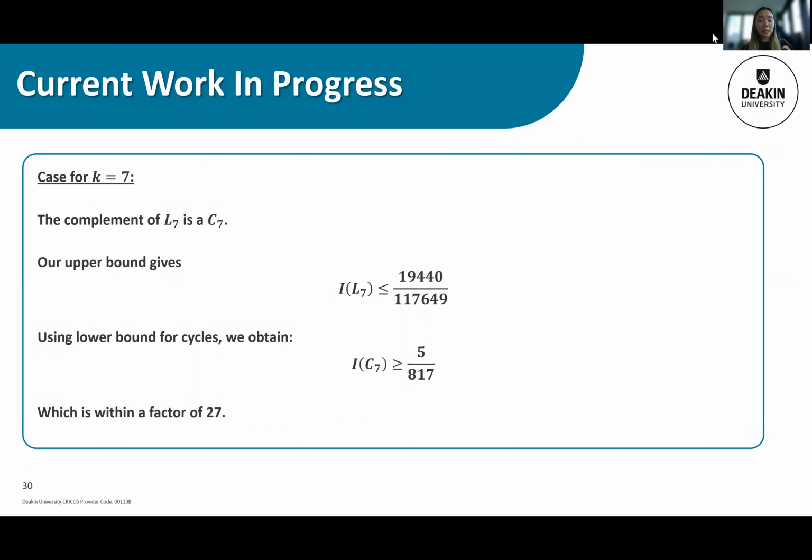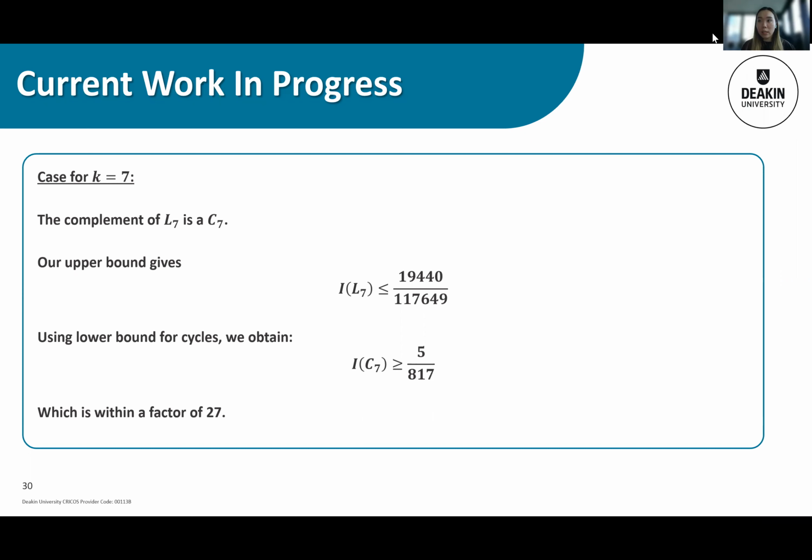The complement of a double loop graph of order 7 is indeed a cycle of order 7. So we know the lower bound of the cycles, and we've got the upper bound using our lemma. Using the lower bound of cycles, these two give us within a factor of 27. So we're trying to find a construction that could give us a better bound so we can close the gap a bit further between the two bounds.